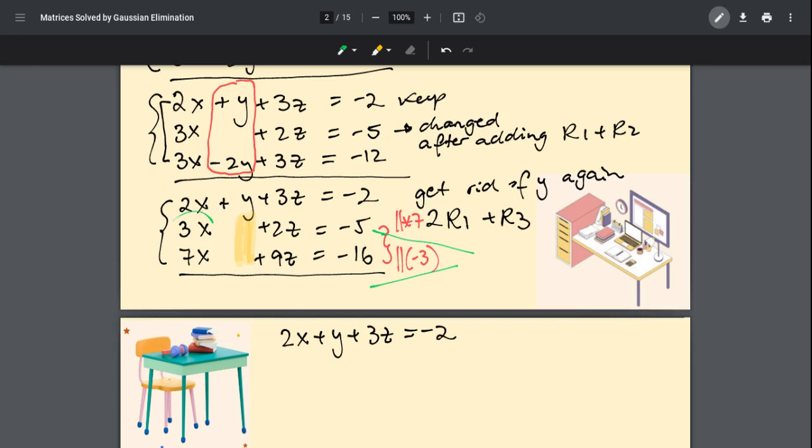So 3x times 7 is 21x. Then 2z times 7 is 14z equals -5 times 7 is -35.